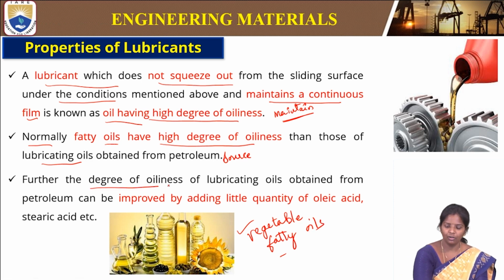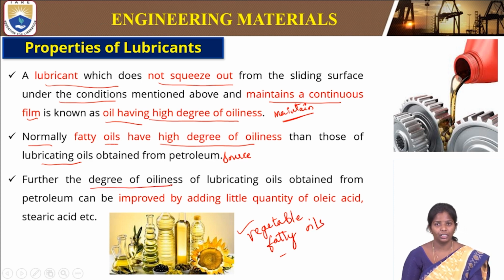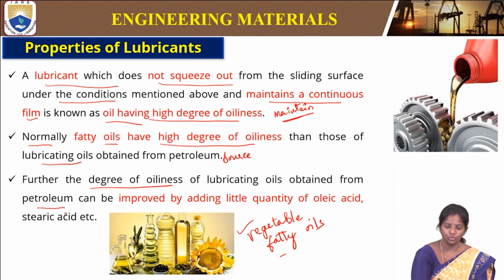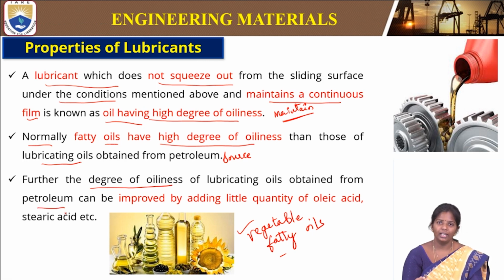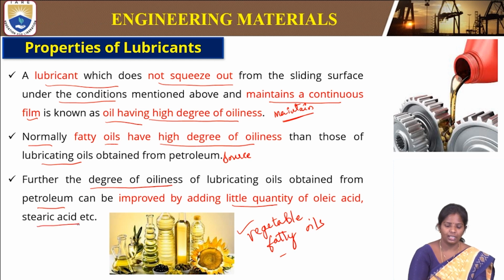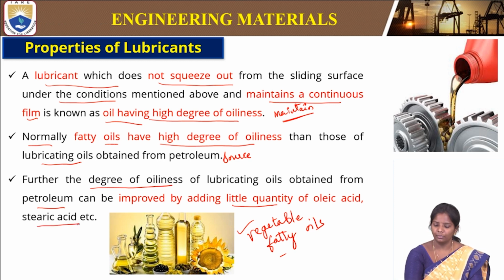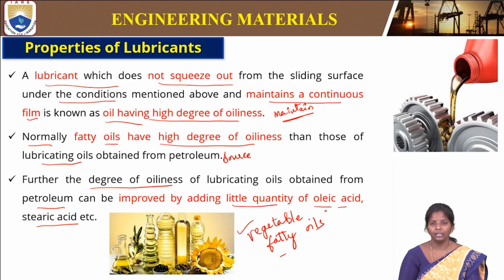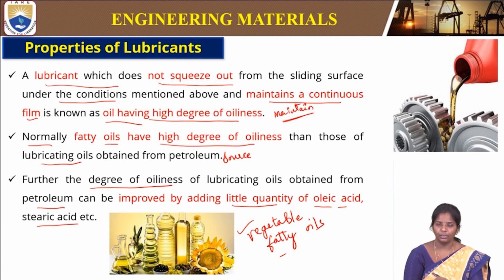Further, the degree of oiliness of lubricating oils obtained from petroleum can be improved by adding a little quantity of oleic acid or stearic acid. These are the additives that are added to the synthetic or petroleum source lubricants to improve their oiliness.